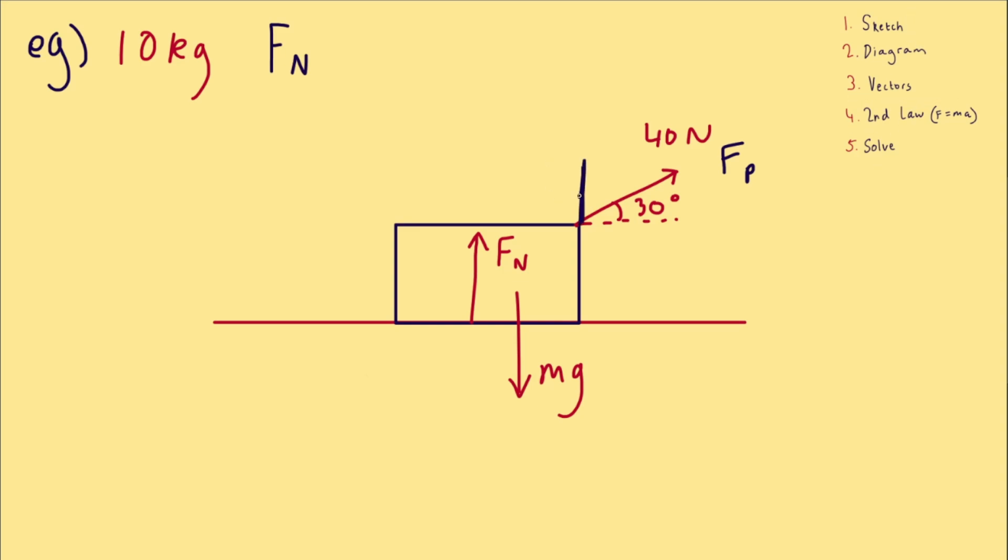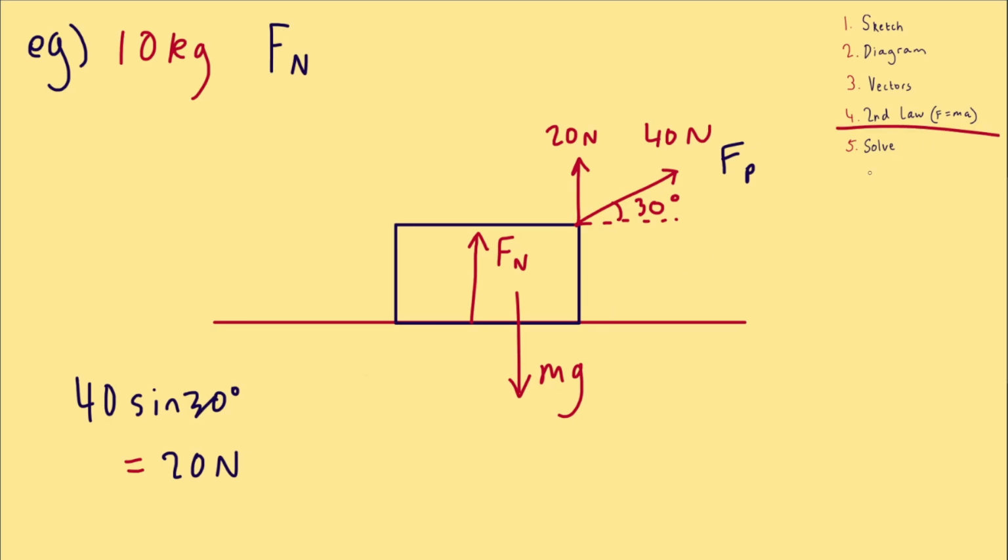The pull vector in the upwards y direction, we can find similarly to the x component, which would be 40 sine 30. This is equal to 20 newtons. So 20 newtons upwards. Now we're ready to find the normal force.